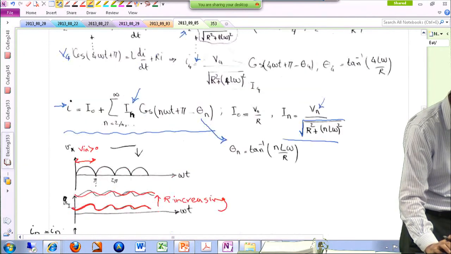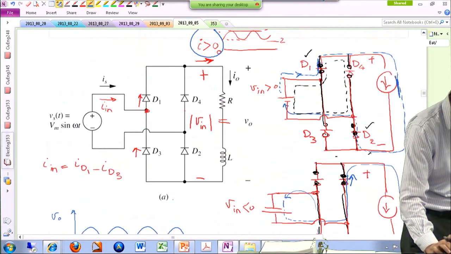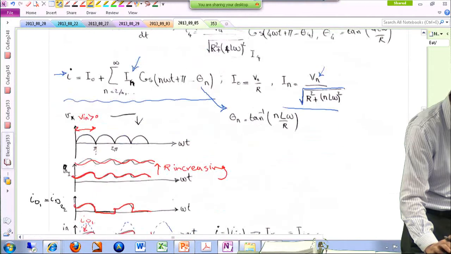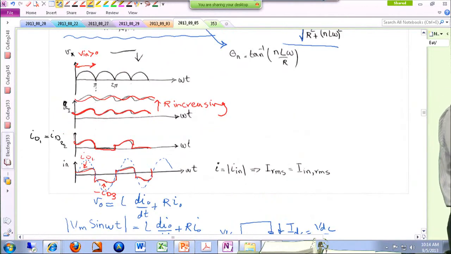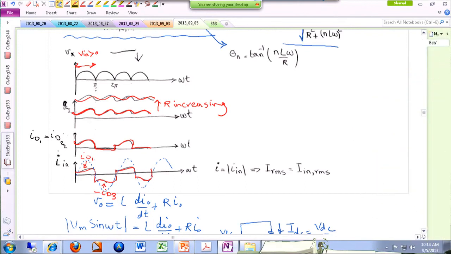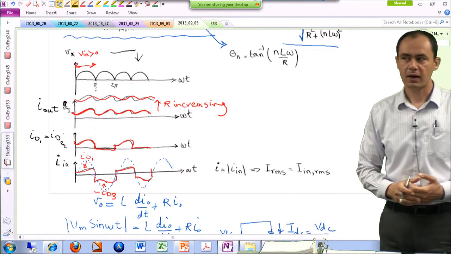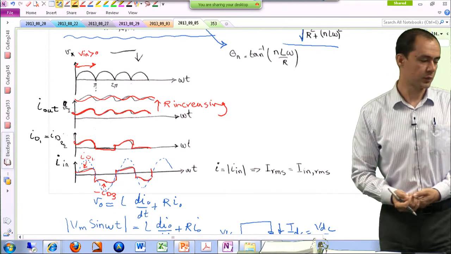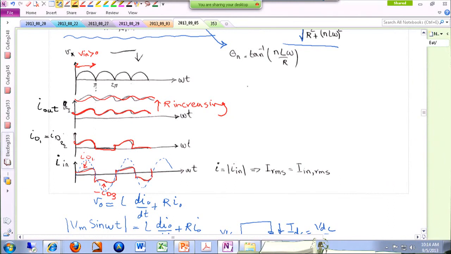One other thing that you can argue is, if you compare the input current waveform and the output current waveform, which is basically this guy over here, this was I out, you can see that the output current waveform is like the absolute value of the input current waveform. And the same equation held for the output voltage.